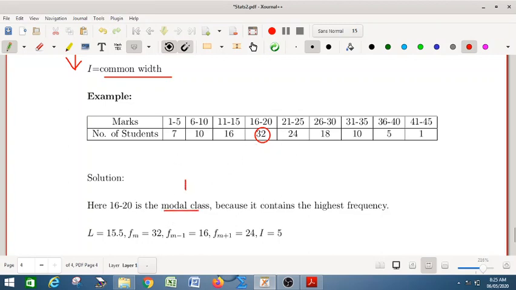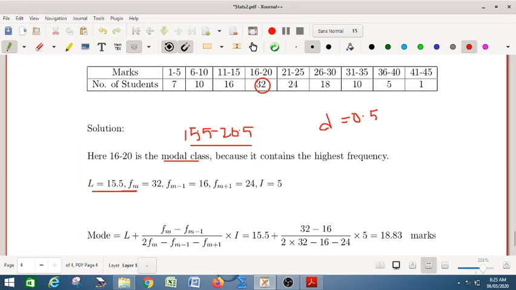In class boundaries it will be 15.5 to 20.5, because D is 0.5 in this case. 0.5 has to be subtracted from the lower limit and 0.5 added to the upper limit. This is how you calculate the boundaries, so the modal class is 15.5 to 20.5.